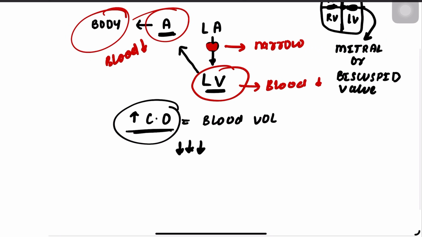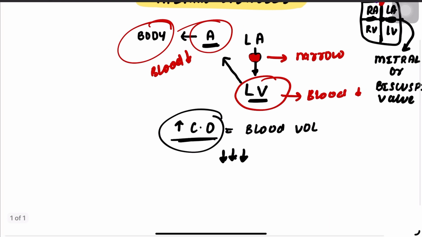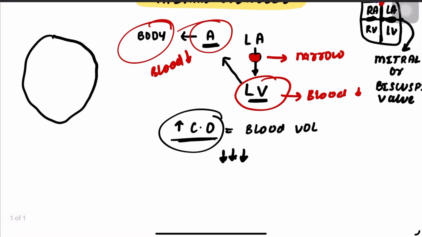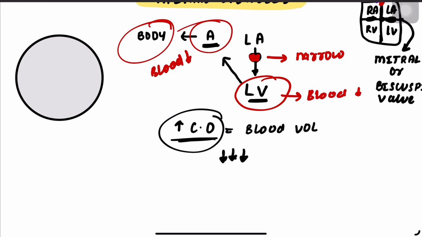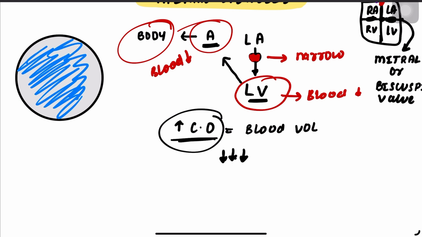Now, if your cardiac output goes really low, if you remember, your heart has these muscles over here, these muscles which are surrounding the heart. Okay, this is not exactly how it looks, but I'm just showing it to you. And this is your coronary supply, the coronary supply to your myocardium.